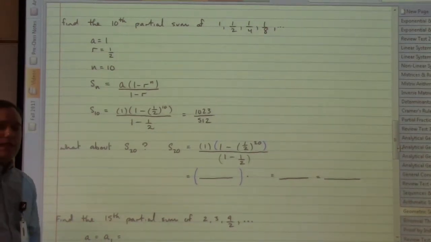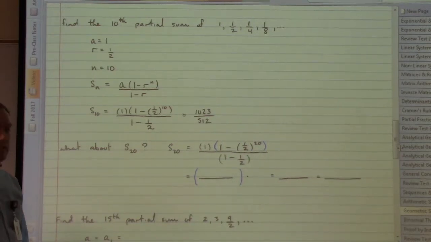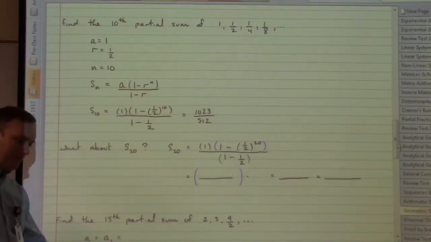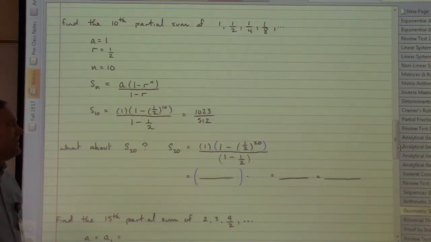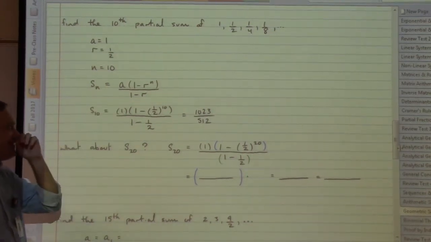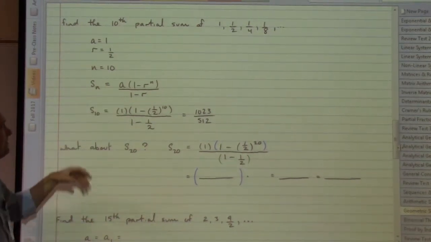And if we're asked for the 10th partial sum, let's just go ahead and say, here's the formula for how this works out, and let's just leave it at that for now.